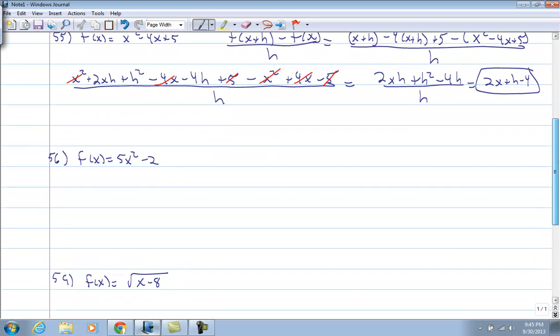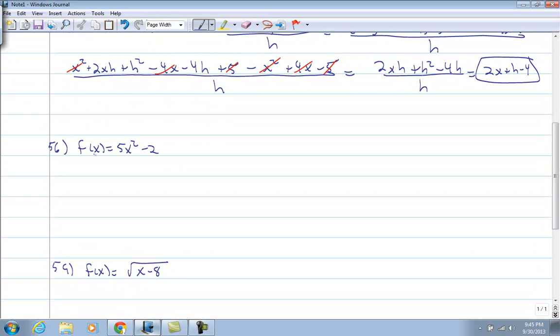Let's try another one. How about 56? F of x equals 5x squared minus 2. So again, we're looking at f of x plus h minus f of x all divided by h.